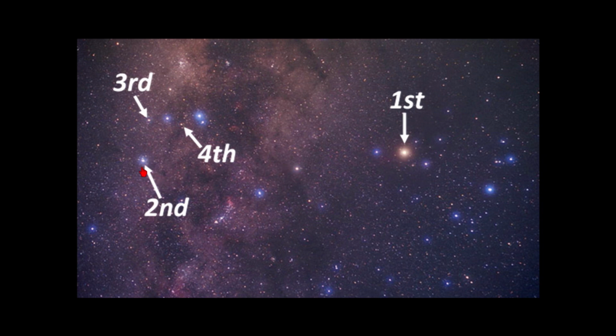Now notice that this star right here, which is a second magnitude star, is fainter. So the bigger the number, the fainter the star. But if you remember in the previous video, the numbering system is one that is exponential, meaning any one single magnitude step difference is actually a difference in brightness of 2.5.